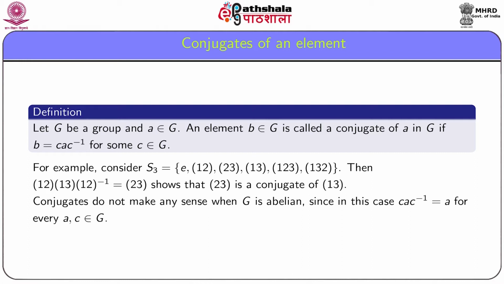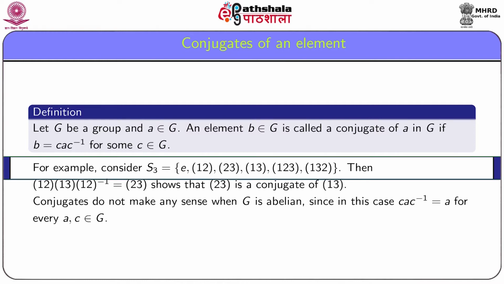Let G be a group and A belongs to G. An element B belongs to G is called a conjugate of A in G if B is equal to C A C inverse for some C belongs to G. For example, consider the group S3.